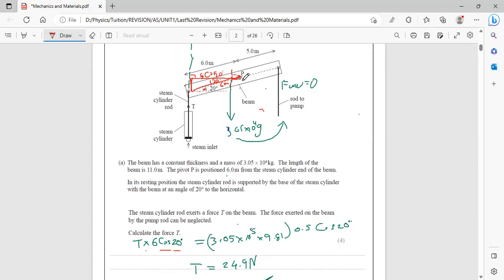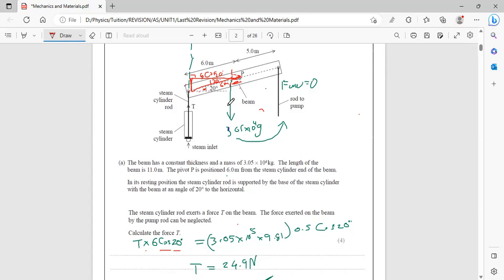So it's going to be a cos 20 value as well, because if this horizontal distance is cos 20, this also should be cos 20. But the thing is, what is this little distance? Right? Got to find that.